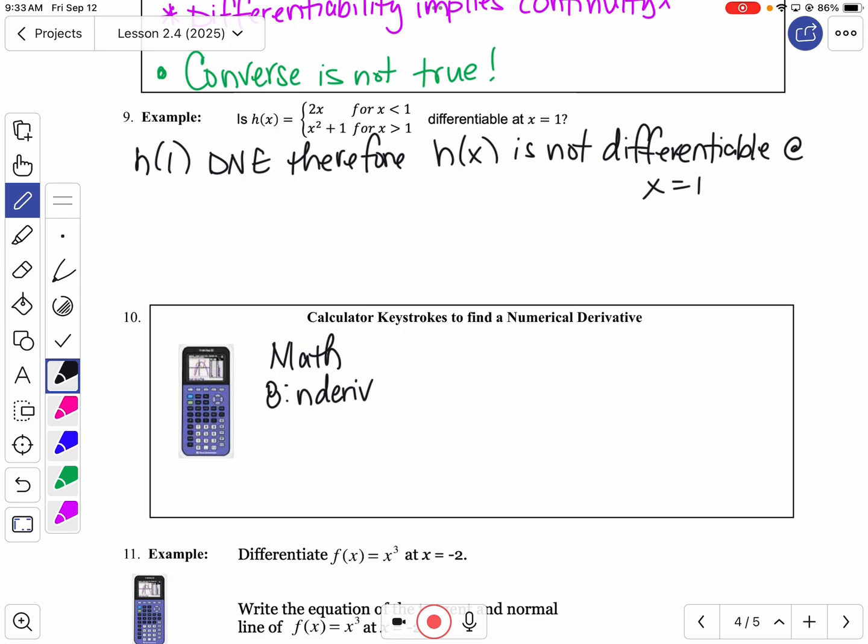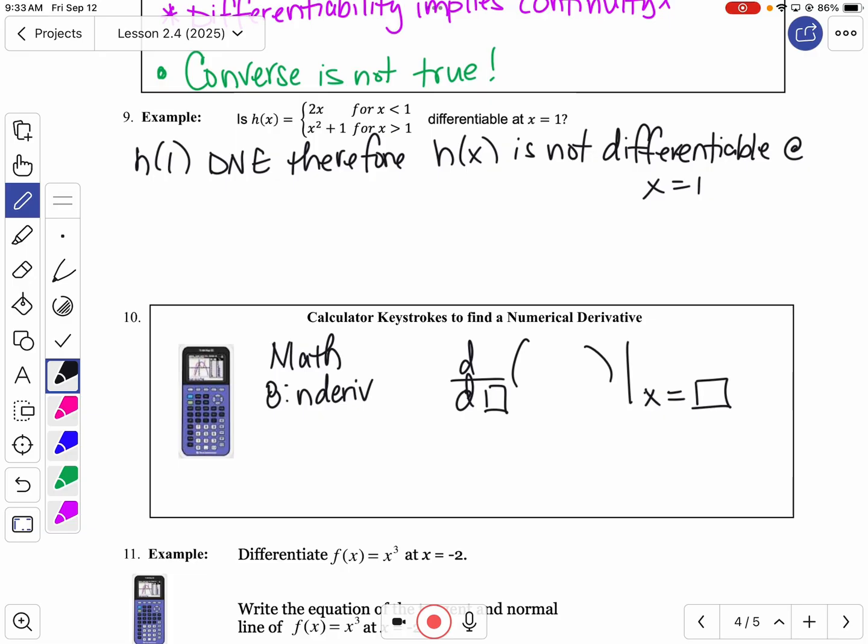But if it asks you, f of x is x to the 5th minus 27, what's f prime at 2? It'll tell you that. When it comes up, it's going to look like this: d, blank, parentheses, and then I believe it says x equals and blank.